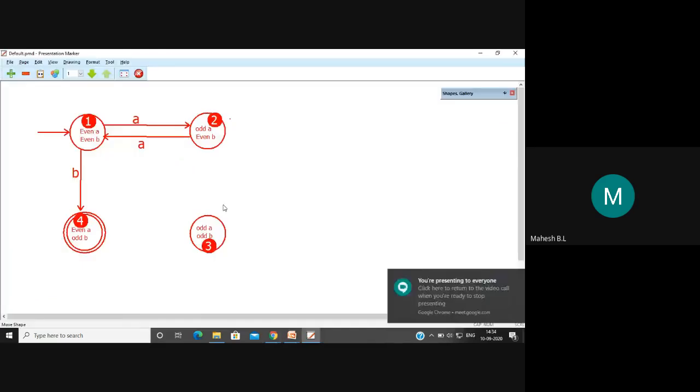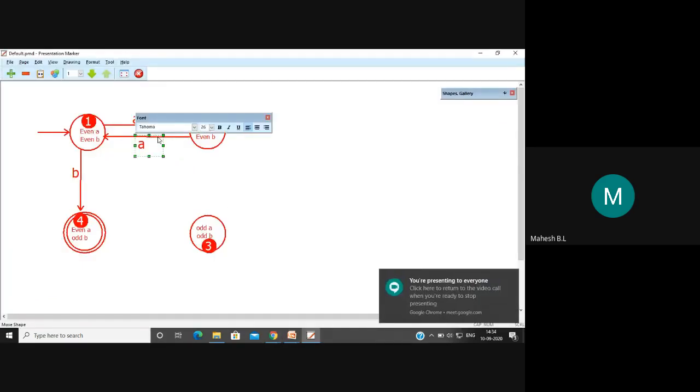So DFSM should make a transition to state 3. Yes.